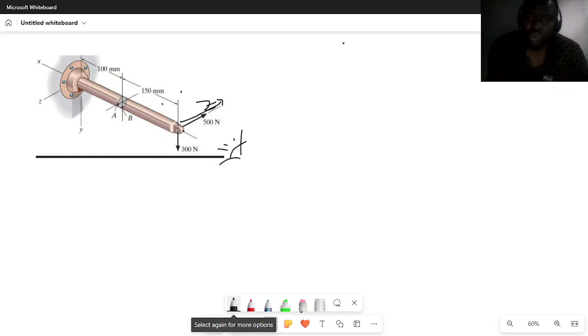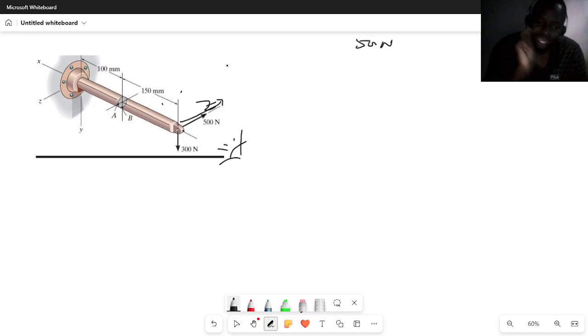Now, we have 500. We all agree that 500 will create a bending, and it will also create a shear. Now, we're going to study this. Let's start easily. I'm not first studying any point. What I know is this will create a bending.